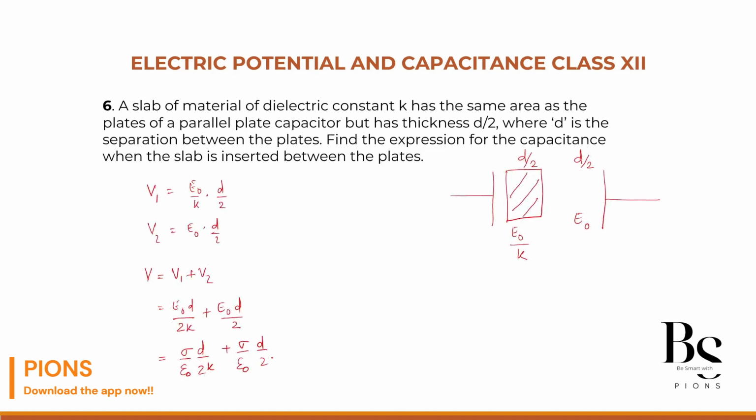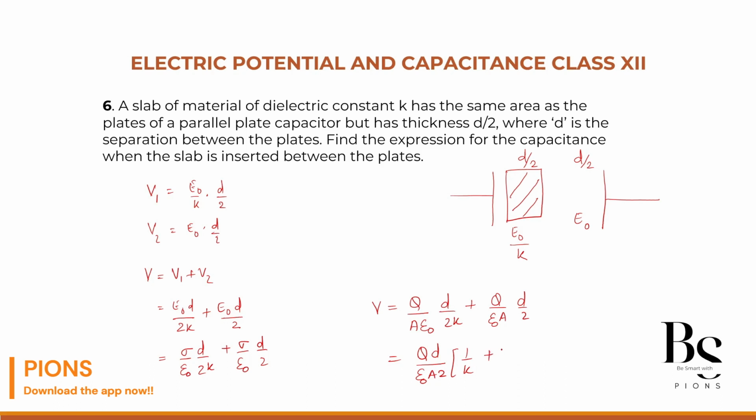Correct? Now what we will do? Now we will write it as V equals sigma, charge upon area, d by 2k plus charge upon area d by 2. Let's take common out Q d upon epsilon naught A. And 2 is also common.